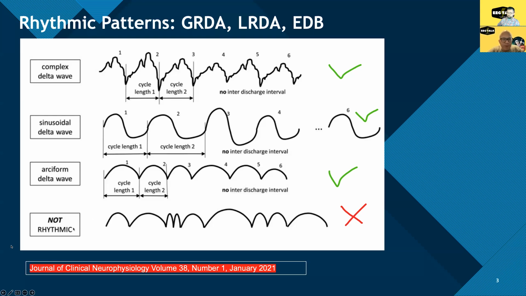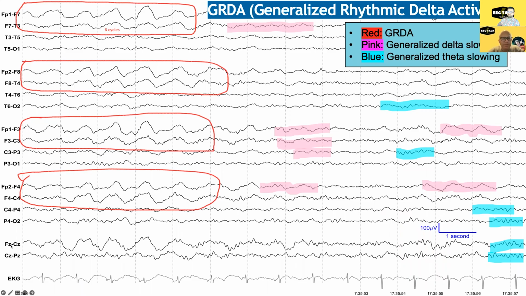Perfect. And then the last point here is that if they are back to back, but they don't look the same, they're not rhythmic. Look at this. We have a generalized pattern here. On left and right, we see about the same thing. And there's no intervening wave between each of these consecutive delta waves.